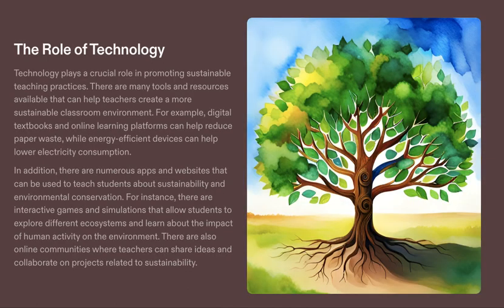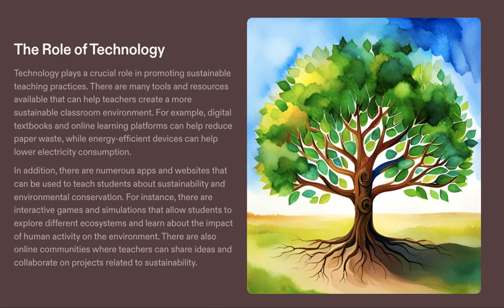The role of technology. Technology plays a crucial role in promoting sustainable teaching practices. There are many tools and resources available that can help teachers create a more sustainable classroom environment. For example, digital textbooks and online learning platforms can help reduce paper waste, while energy-efficient devices can help lower electricity consumption.